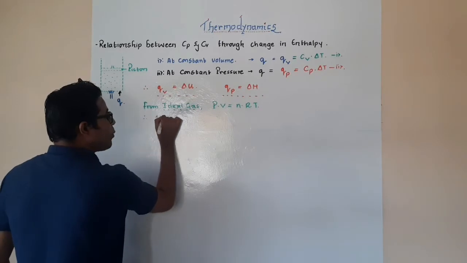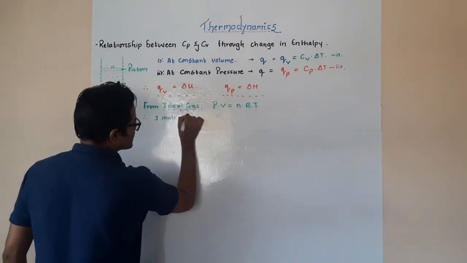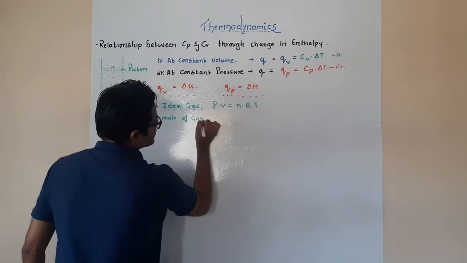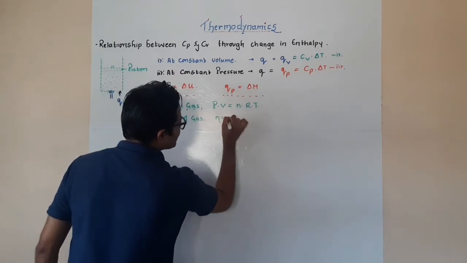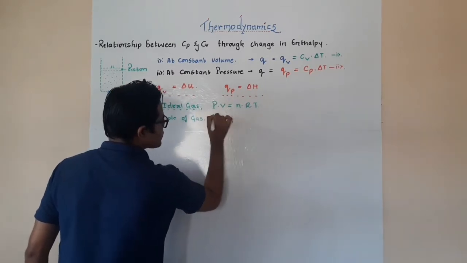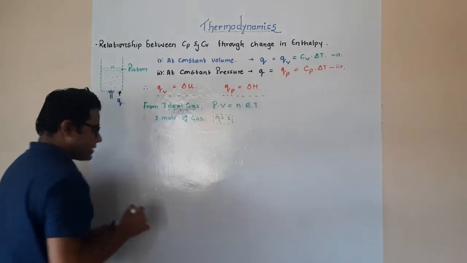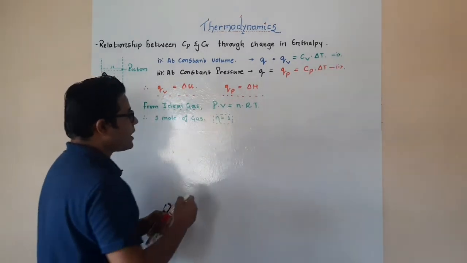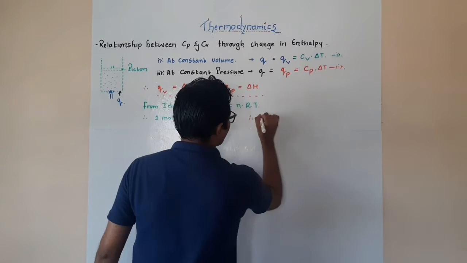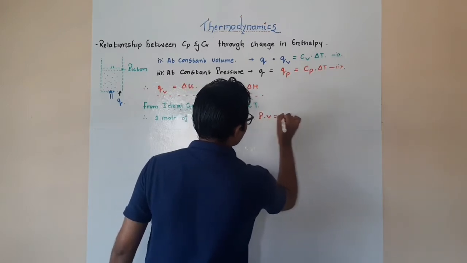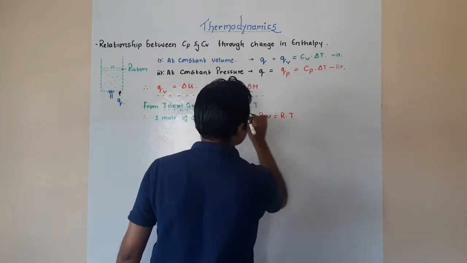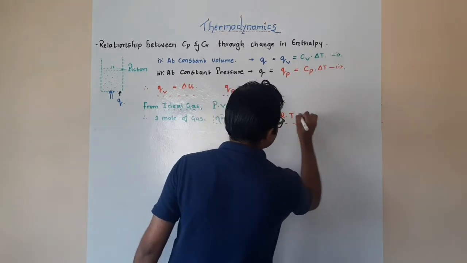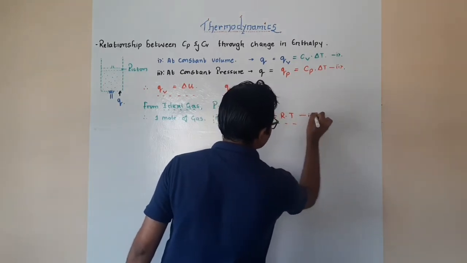If I take 1 mole of gas, n is equal to 1, this is what I will understand. Correct. So therefore, if n is equal to 1, then PV is equal to RT. Let us keep this thing ready. Let's say this is our third expression.